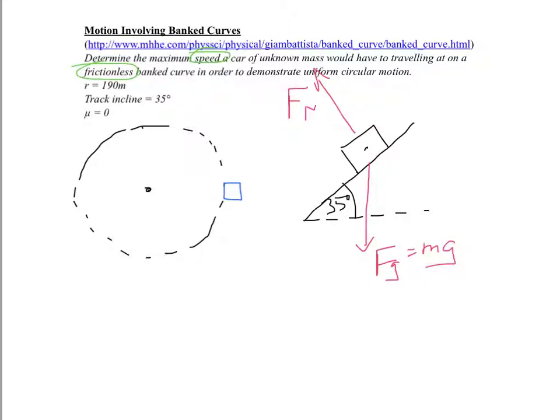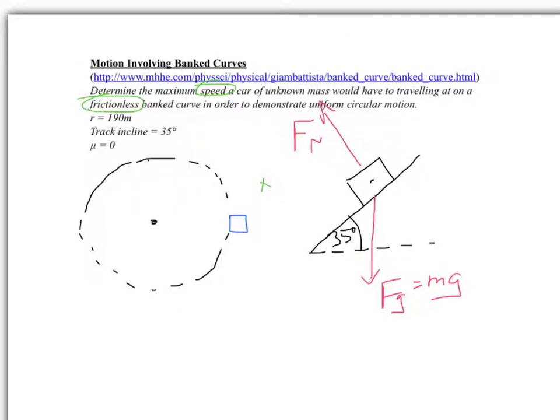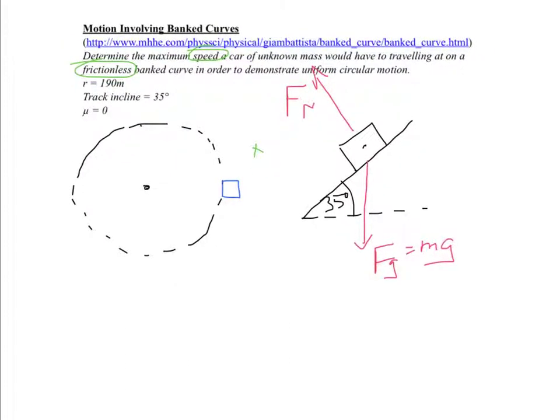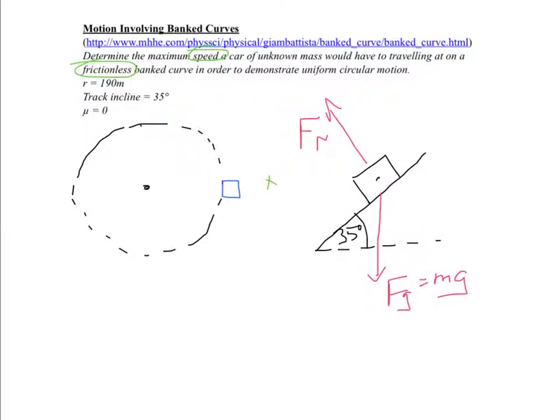Okay, and since the center of the circular path is over here, you can see that the car is, of course, accelerating towards that center. Now, what can I do with this normal force? Let's just see if I can bring this down a little bit here. If you take a look at this normal force, what we're going to do now is, again, break it down into x and y components.